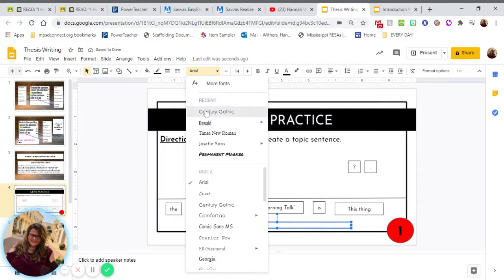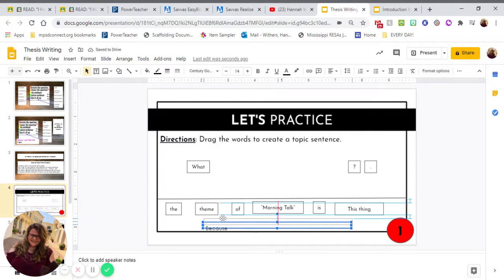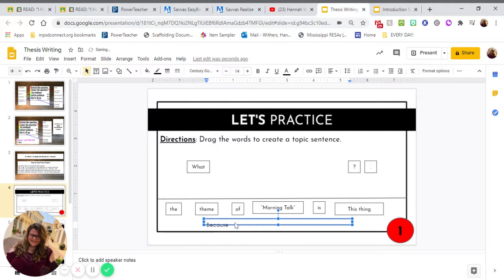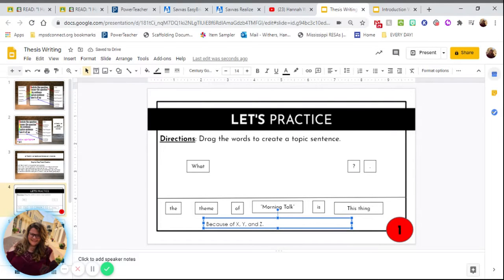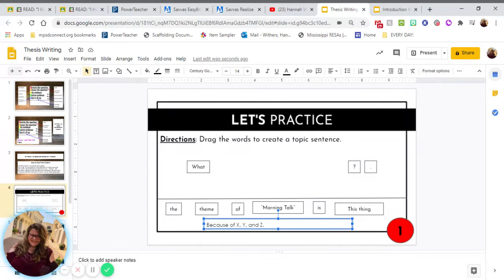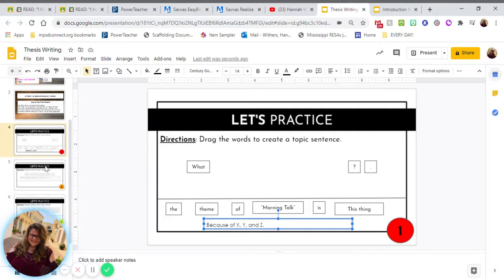This is a bad example. We're going to have some better ones, so don't think this is what we're going to do. Because of X, Y, and Z, right? Those are our 3 points. The theme of morning talk is this thing because of X, Y, and Z. And then X, Y, and Z would be our body paragraphs. I know that was terrible. Let's find a better question that will make a better essay, because not every question, y'all, will merit an entire essay.